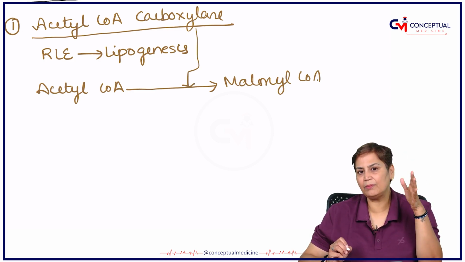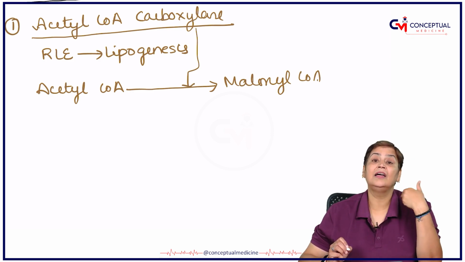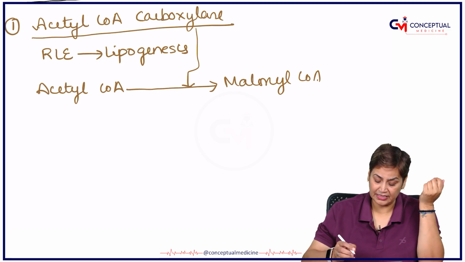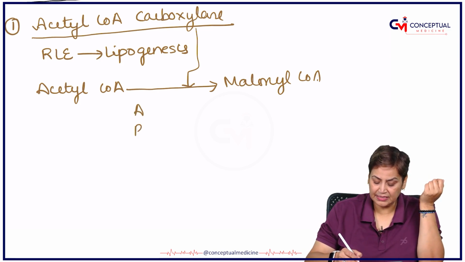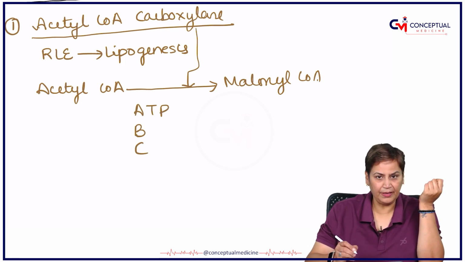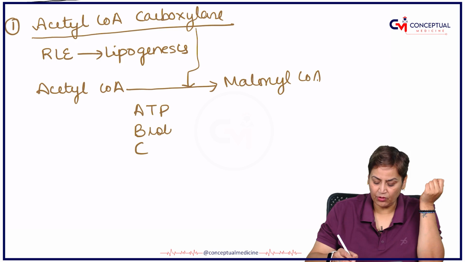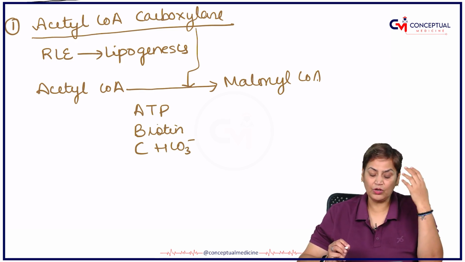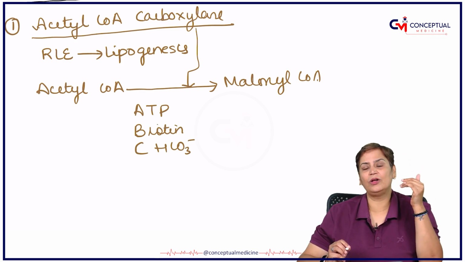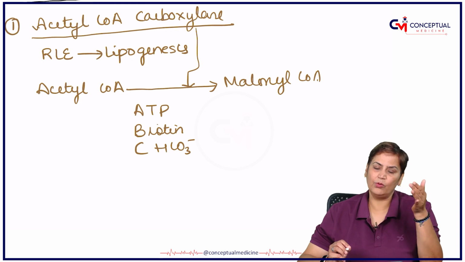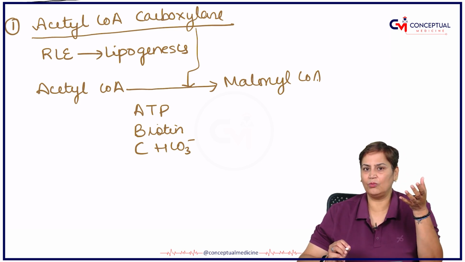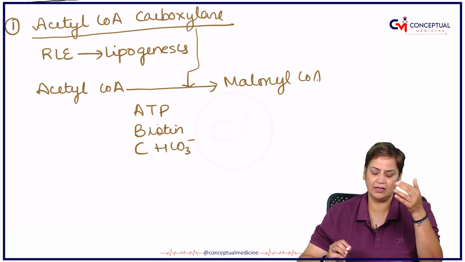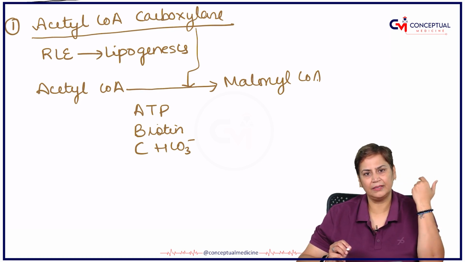Whenever biotin is acting as a carboxylation coenzyme, A, B, C is required, where A stands for ATP, B stands for biotin, and C stands for bicarbonate ions. So basically biotin is carrying this, so we call it biocytin, or carboxybiotin. The moment it transfers this carbon dioxide, it will come back.